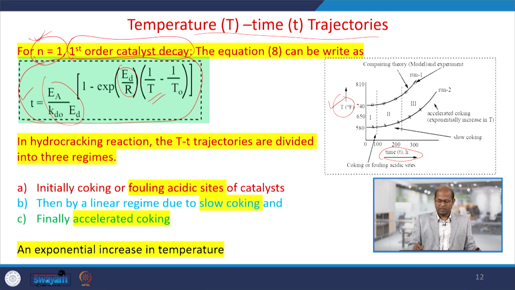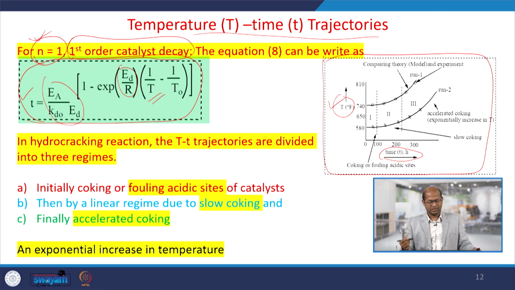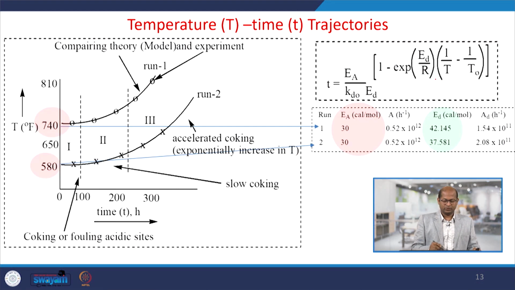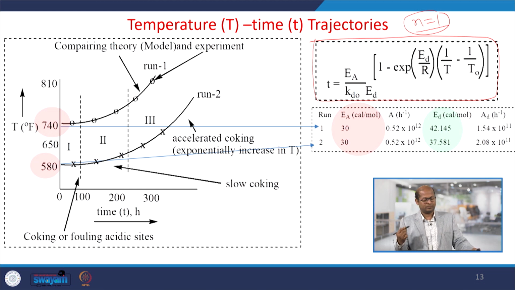If you notice the temperature-time trajectories for this particular catalyst deactivation process, some models have been shown here, run 1 and run 2, using this equation for n equals 1, meaning a first order catalyst deactivation process.